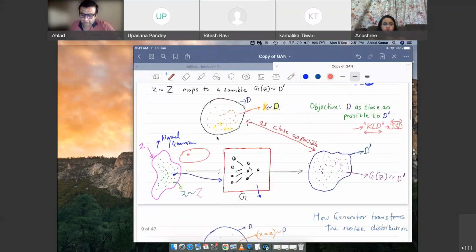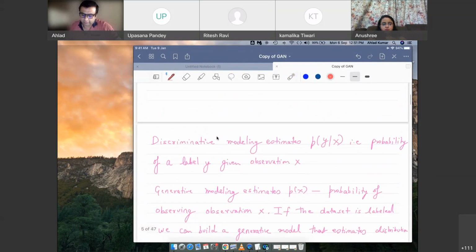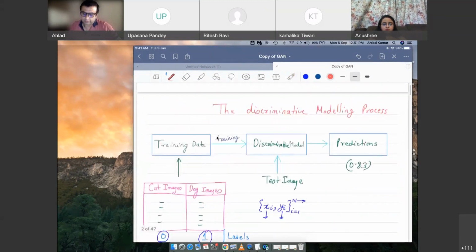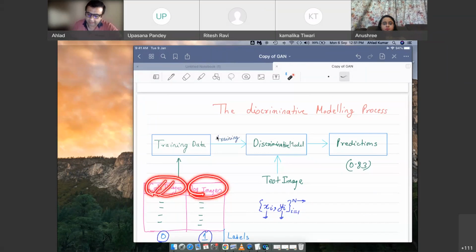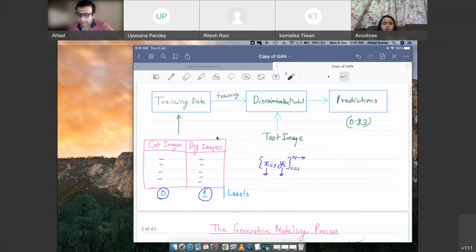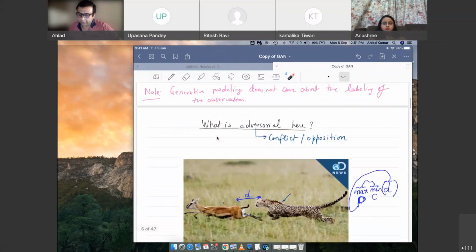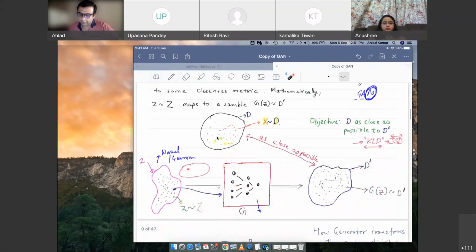If you recall, it is this one. It judges whether the images are real or fake. Earlier it was cat and dog; now we are saying whether it is coming from the real data set or from the fake data set. So it is also a discrimination that this neural network is trying to achieve.